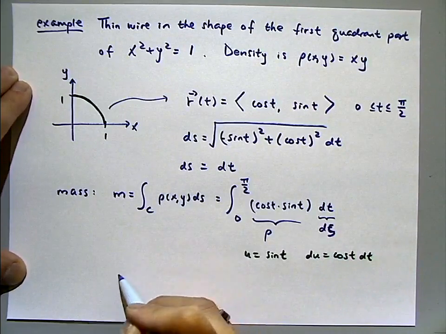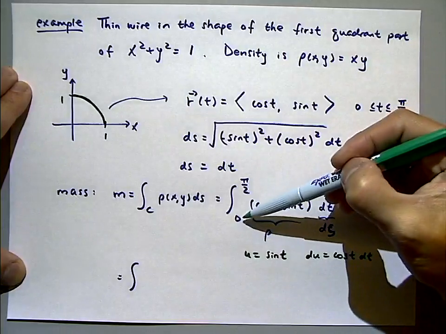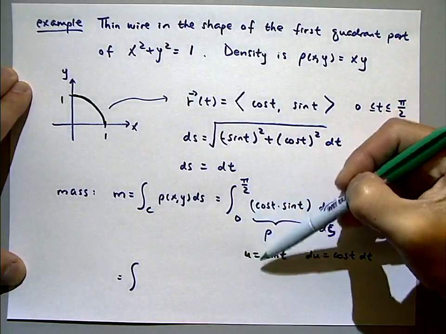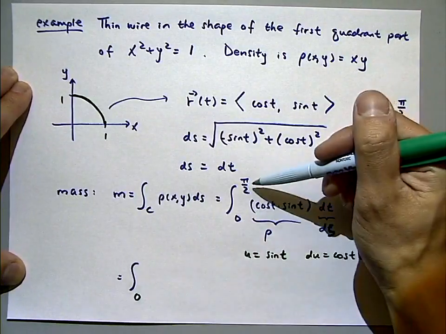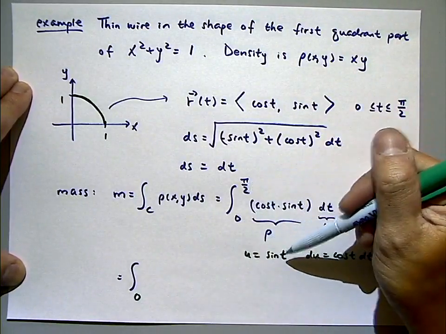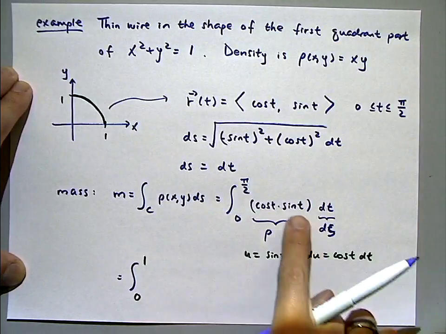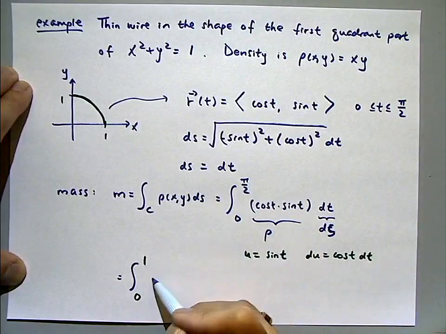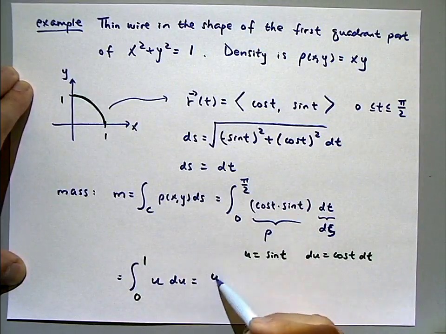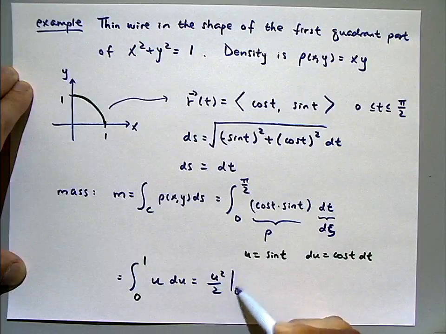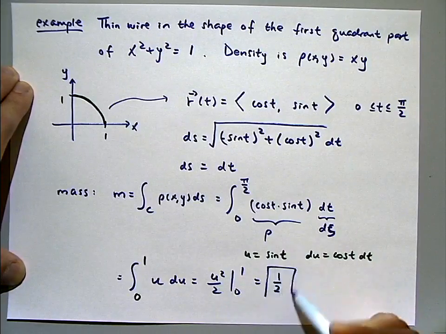All right, so this integral turns into, we've got to be careful with our integration bounds now. When t is 0, u is sine of 0, still 0. When t is pi over 2, u is sine of pi over 2, and that's a 1. And then this will be u times du. So that's u squared over 2, from 0 to 1, that's 1/2. That's our mass.